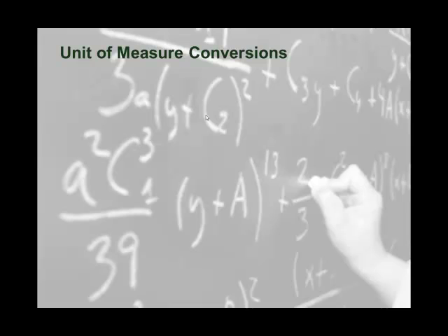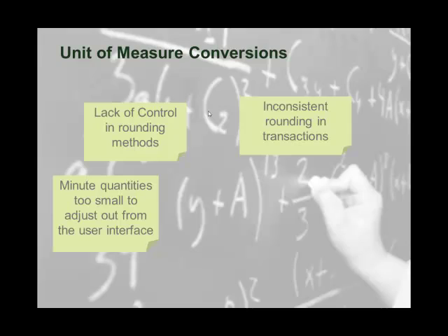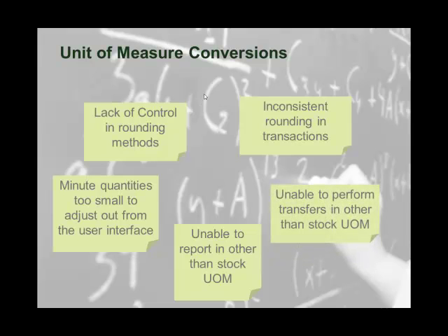We also did another project around unit of measure conversions to address things like the lack of control in rounding methods, some inconsistency in rounding in transactions, some problems with minute quantities that were too small to adjust out from the user interface, the inability to produce inventory reports in any unit of measure other than the stock unit of measure, and the inability to perform transfers in any unit of measure other than stock.